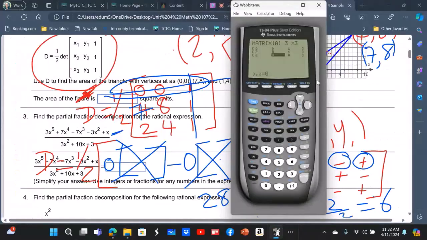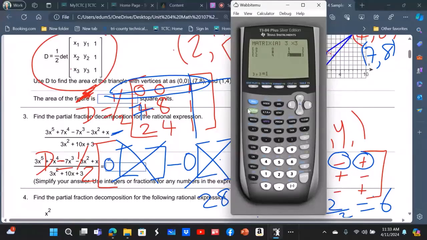I need to make sure I enter the matrix correctly, and that is 0, 0, 1, 7, 8, 1, 2, 4, 1.